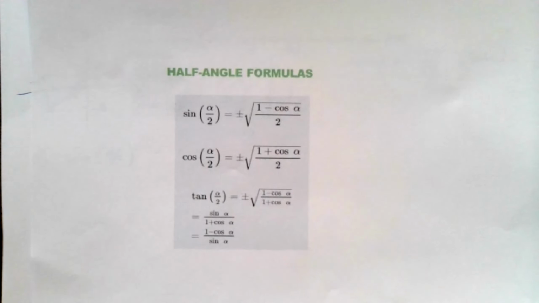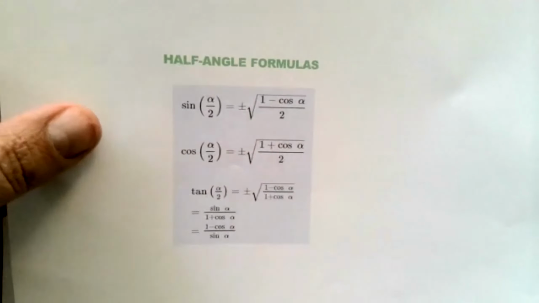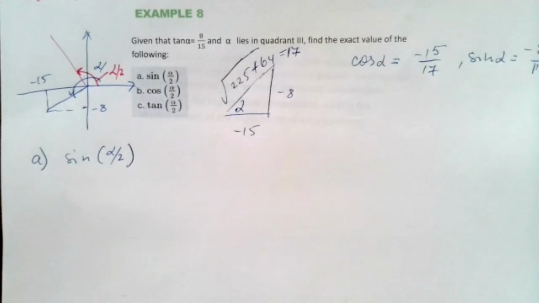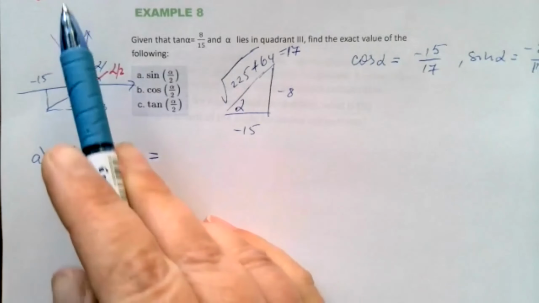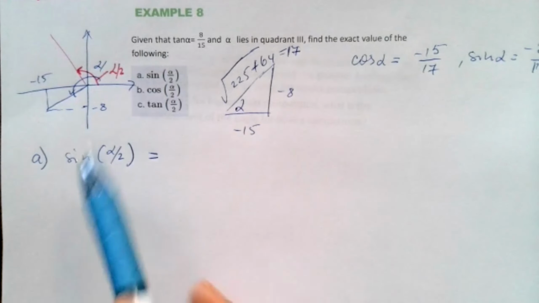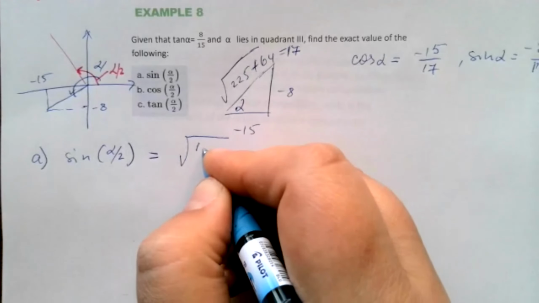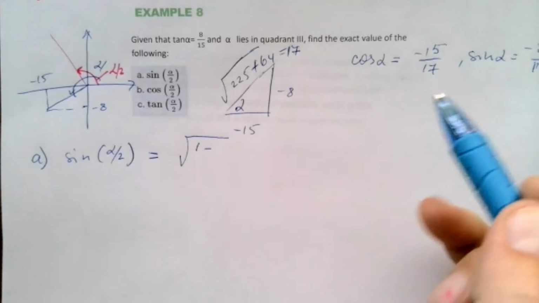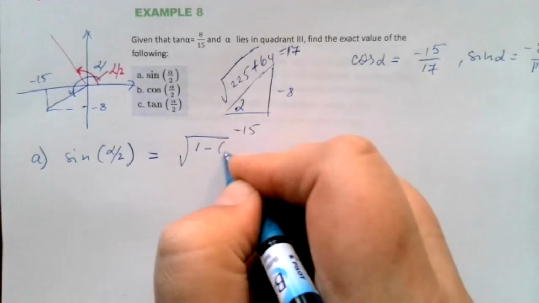We didn't really need sine unless we want to use sine for tangent, but cosine alpha is enough. So let's plug in the formula. Since alpha over 2 is in the second quadrant, sine there is going to be positive.